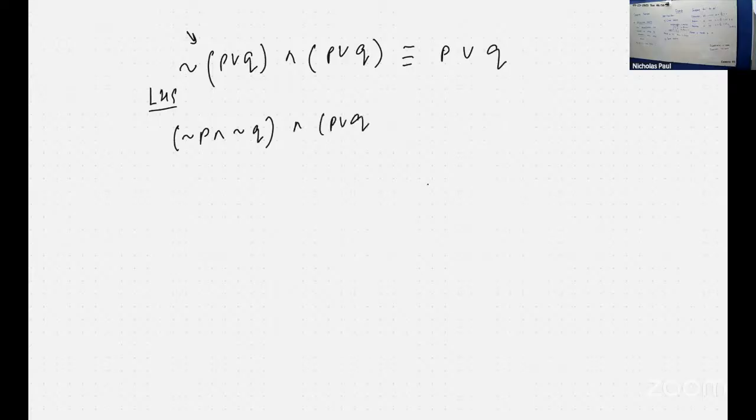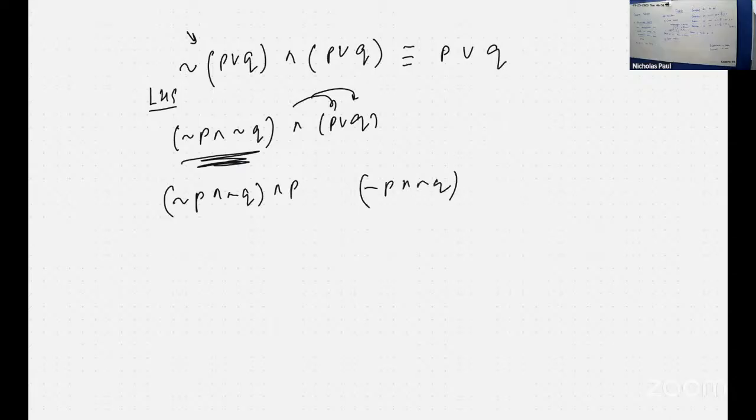Then we need to find a way to kind of bring things up a little bit, right? Okay, so watch this here. I'm going to use the distributive law. So I'm going to take this as one thing, and I'm going to expand with P and then with Q. So I'll end up with the negation of P and the negation of Q, all of that and P, then the negation of P and the negation of Q and Q. This is one part, this is the next part, and then OR in the middle.